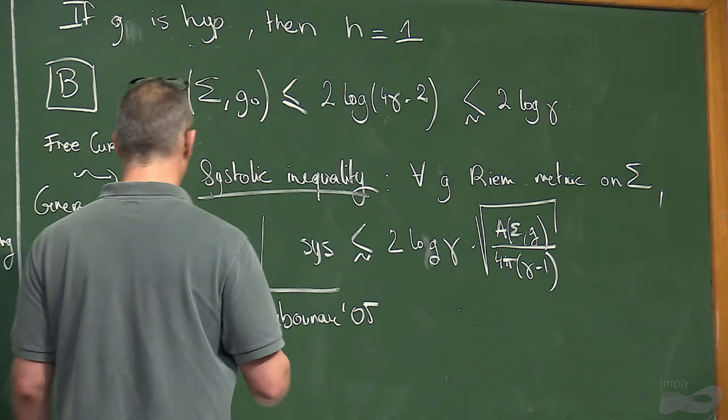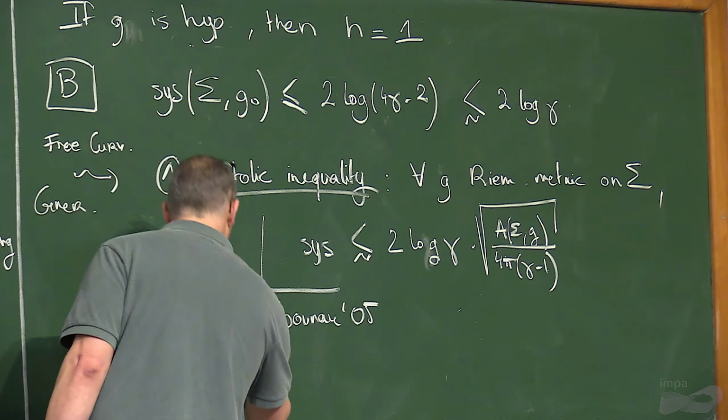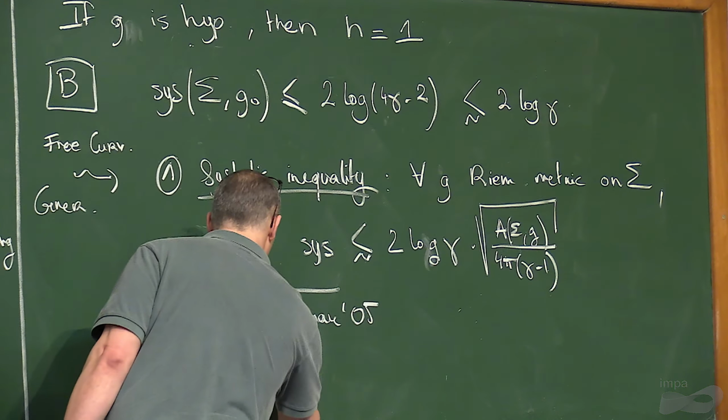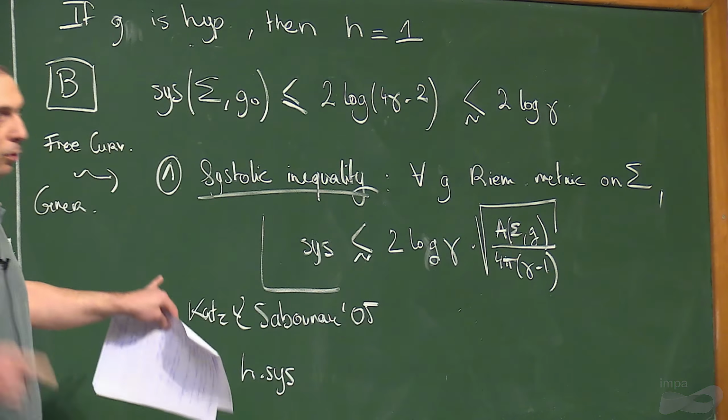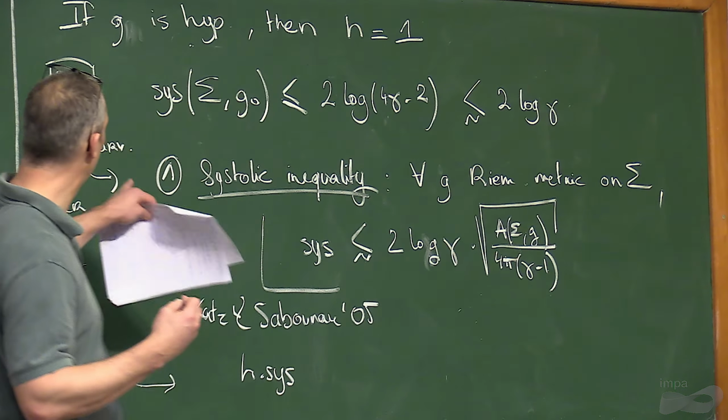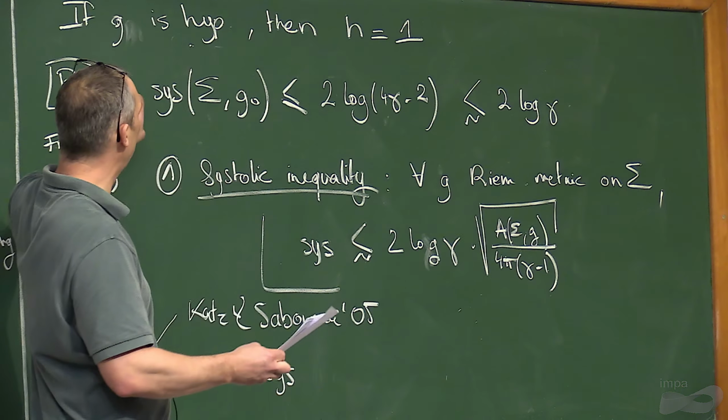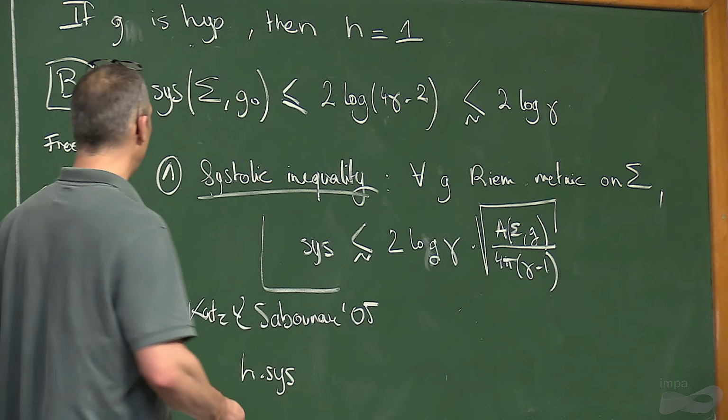Katz and Sabourau prove something interesting, and it connects to the second viewpoint, the second way that we can generalize this systolic inequality.